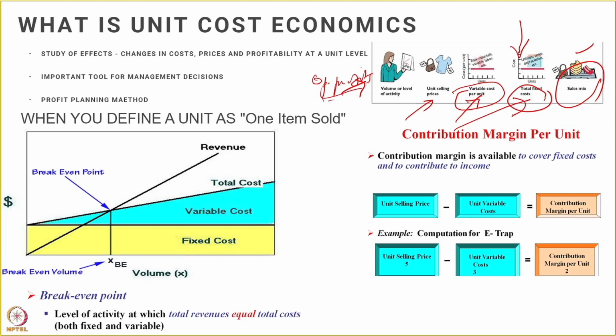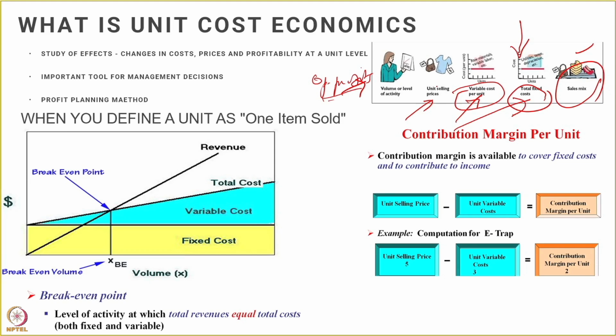That is one experiment. When we change the level of fixed cost, or different units have different fixed cost, and you look at the impact on operating profit, you're basically looking at what is the capital efficiency of the unit. Then that is another experiment that we do in unit cost economics.